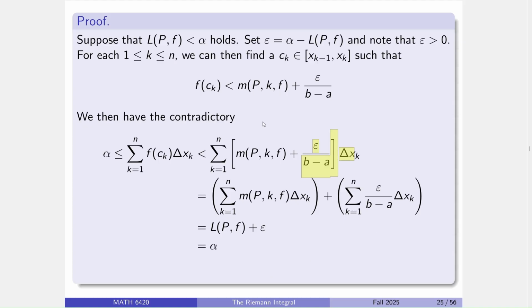But as we already demonstrated, epsilon plus the lower Darboux sum equals alpha, and then we've got alpha is strictly less than alpha, which is contradictory. There you go. So indeed, the lower Darboux sum is in fact the infimum of all possible Riemann sums. Good stuff.